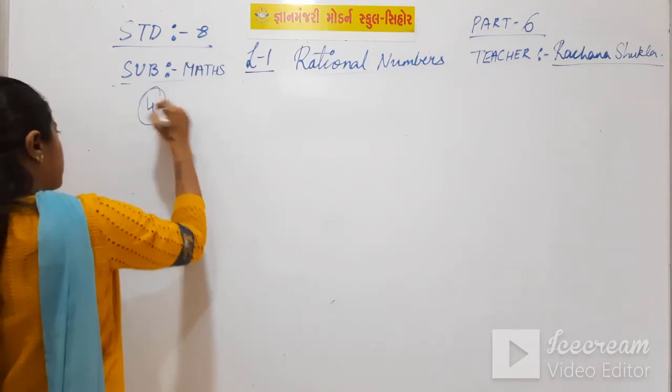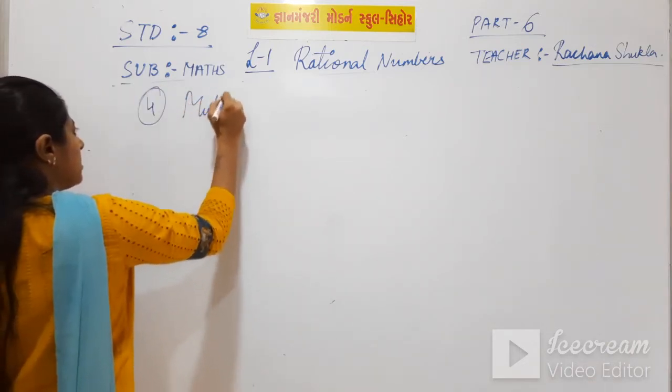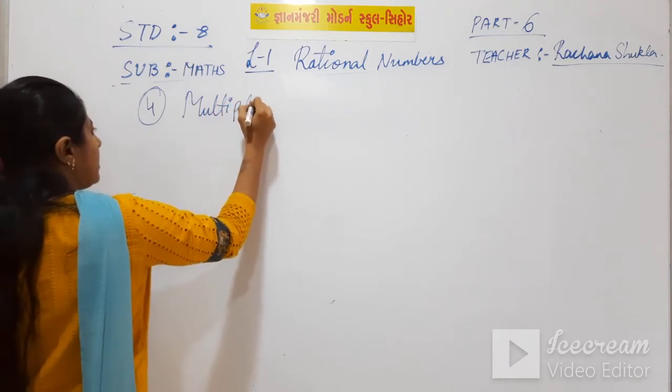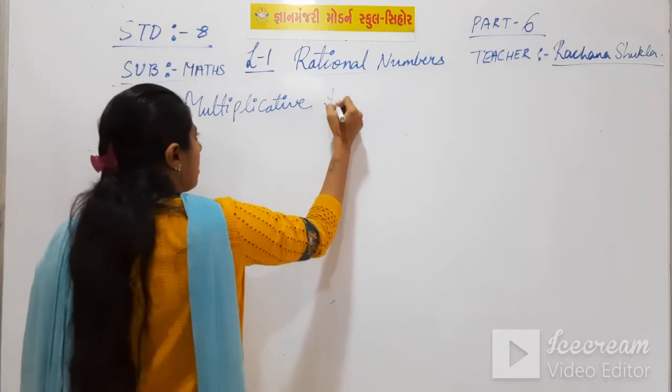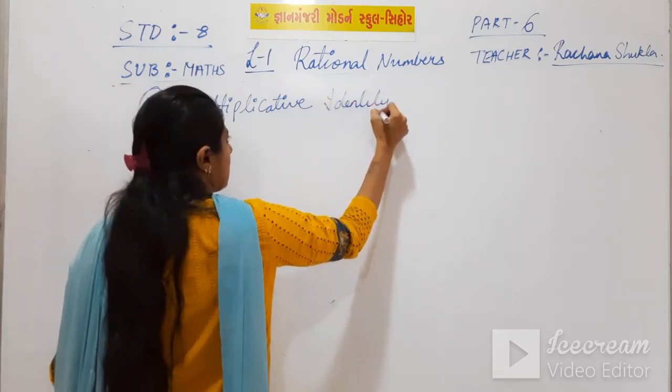The fourth property is multiplicative identity.